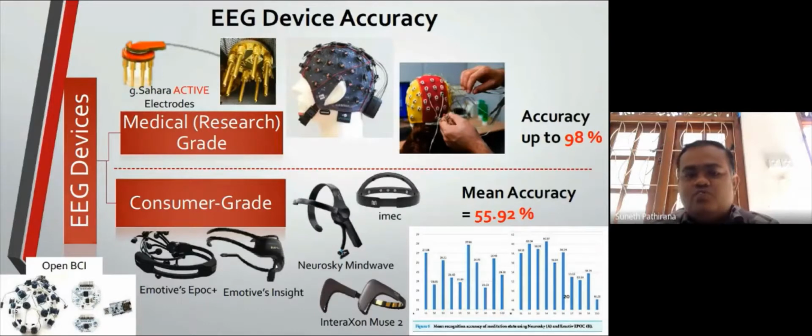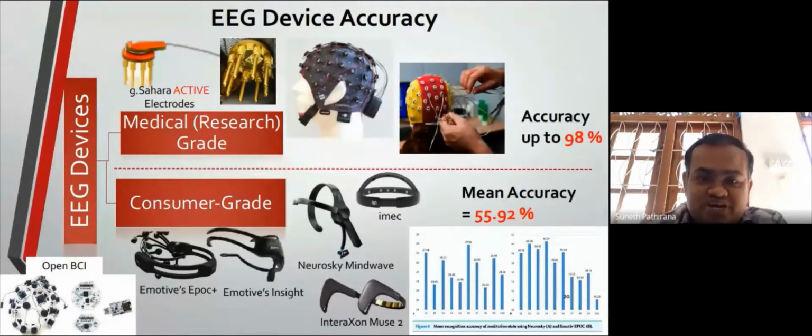So I am now going to classify the EEG devices, electroencephalography devices, that are worn by the user, the BCI or BMI user, to capture the intentions.